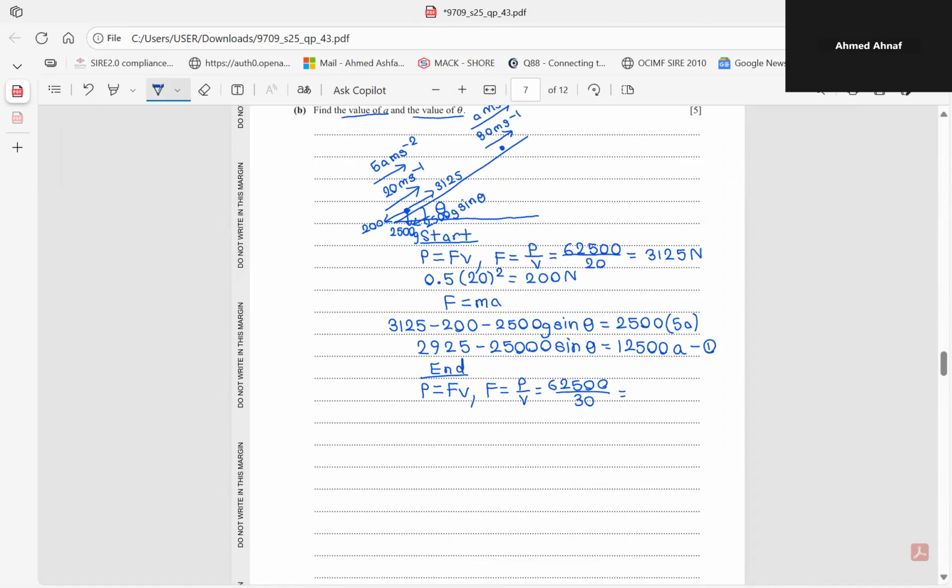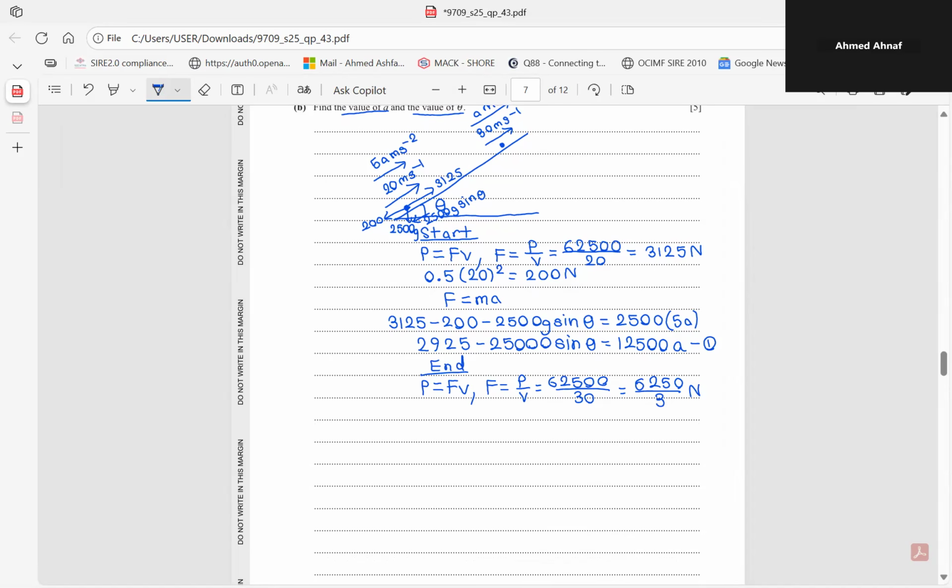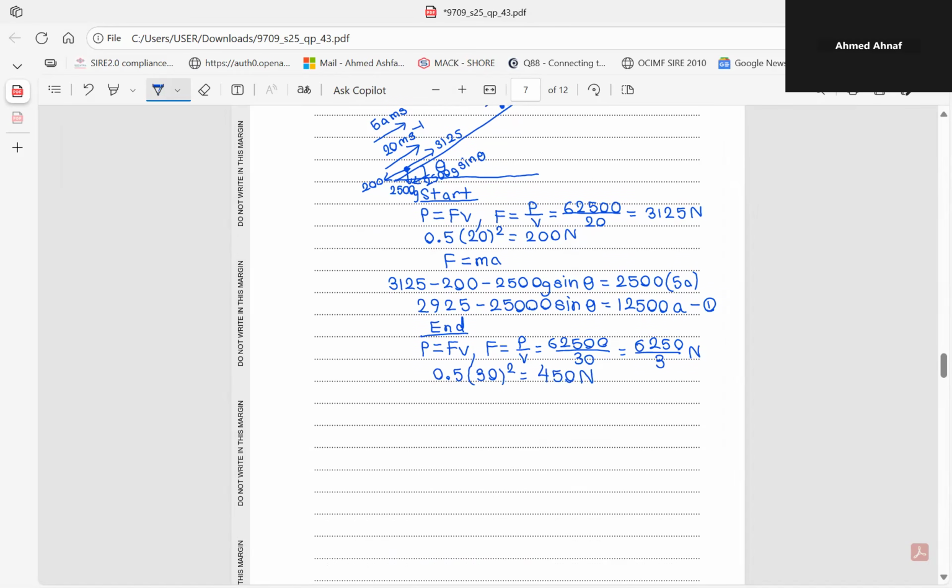That's equal to 6250 over 3 newtons. Okay, now let's find our resistive force, 0.5 times 30 squared. So that is equal to 450 newtons. Now we'll use our F equals MA.